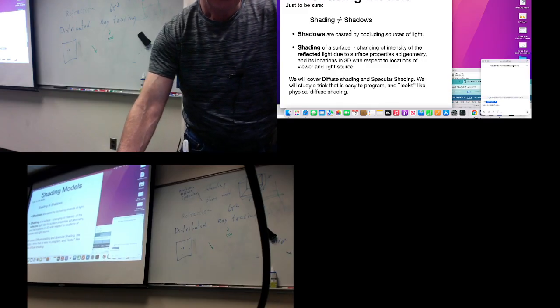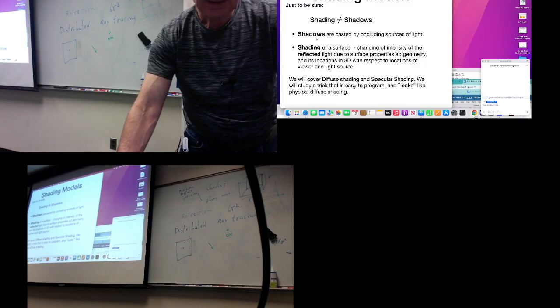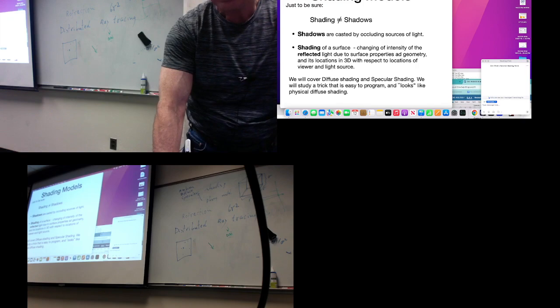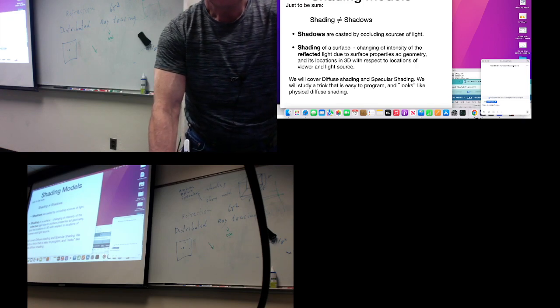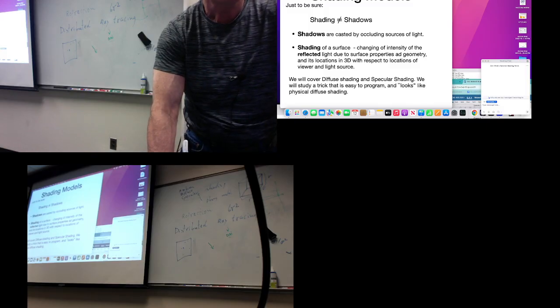Shading is not shadow, we already said it. Shading is how we change the intensity when it reflects from the light. And with diffuse shading and specular shading, the math will start to kick in.